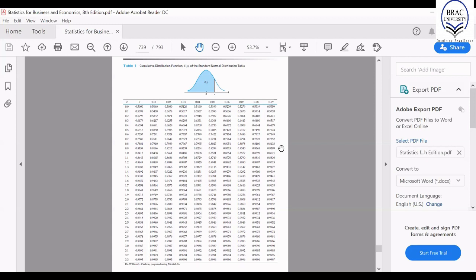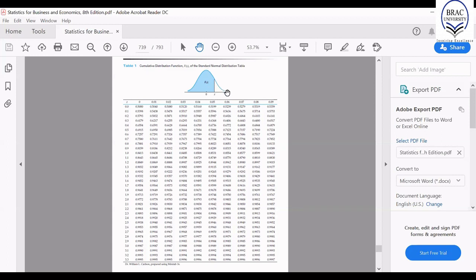So on our diagram, the standard normal distribution diagram, right in the middle, you have 0 or mean, right? And I told you that the upper tail's total probability, or the upper tail's area, is 0.5. The lower tail's area is also 0.5. This table, the standard normal distribution table, only records the cumulative probability distribution for the upper tail.